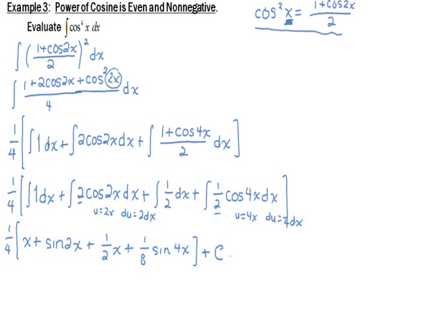And essentially this answer that we have is correct. There's really nothing wrong with it. You'll notice that a back of the book or perhaps a multiple choice response will most likely combine some like terms. So the x and the 1/2 x would combine for 3/2 x. Really won't do much of anything with the sine of 2x or with the 1/8 sine of 4x.